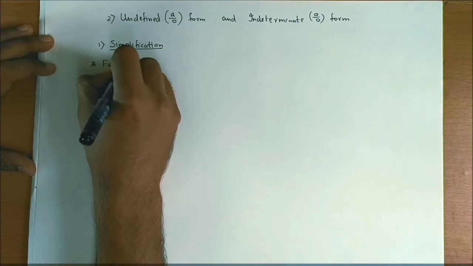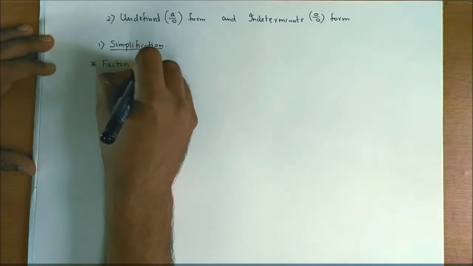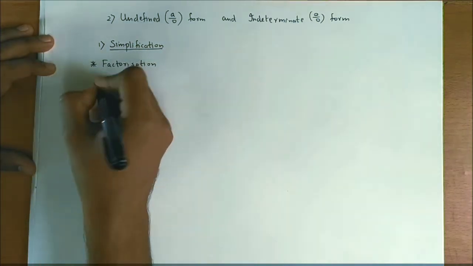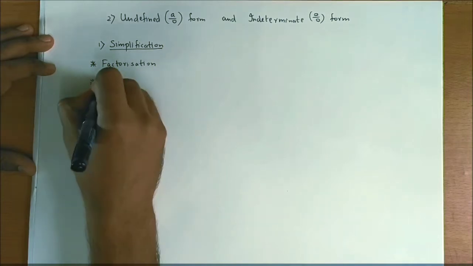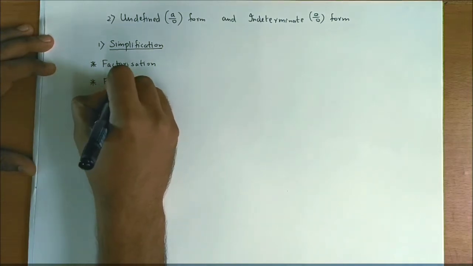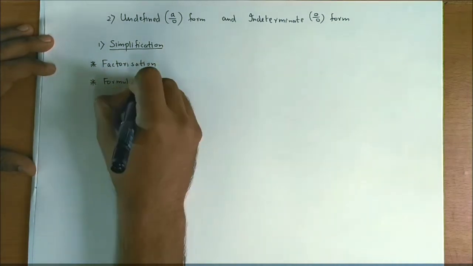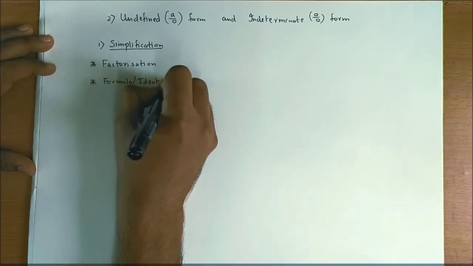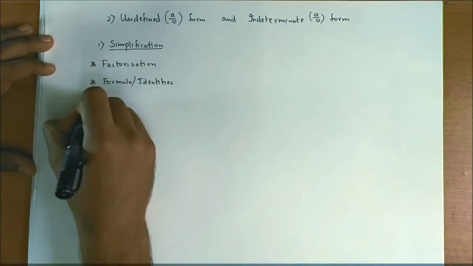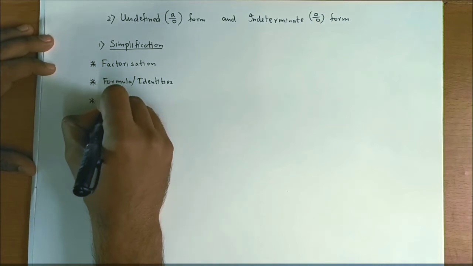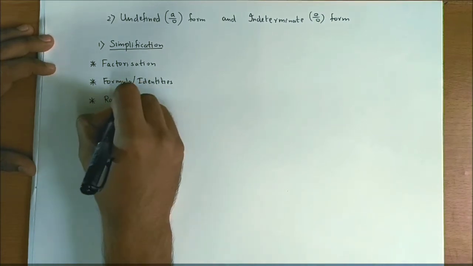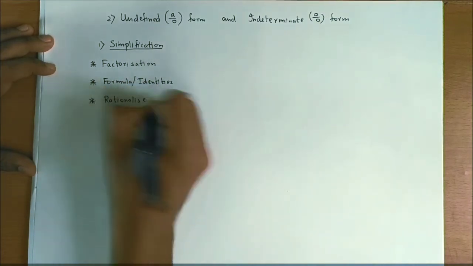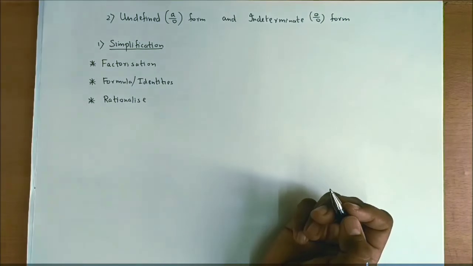If there are algebraic expressions, you could factorize and see if it simplifies, or you could use some formula or algebraic identities and simplify. Or if there are square roots present, then you could also use a technique of rationalization. Yes, so you could rationalize. So this is the first approach.